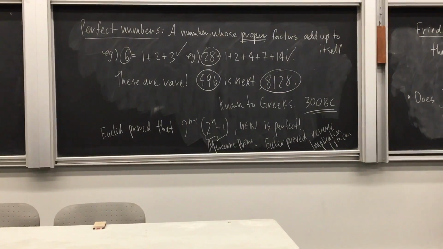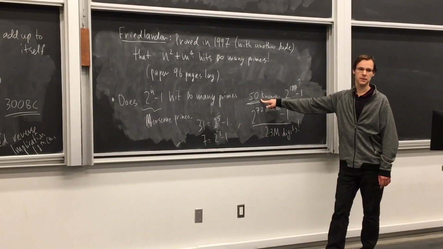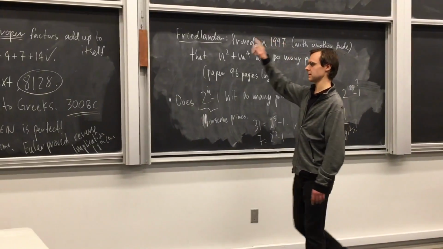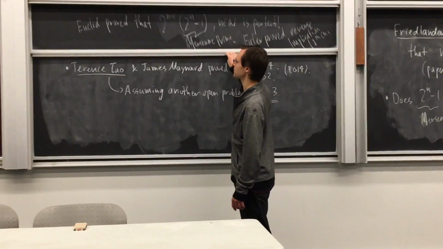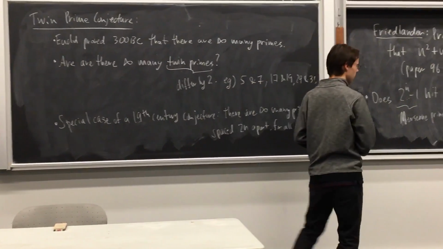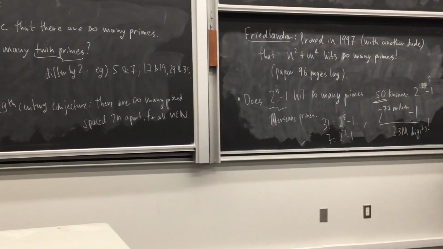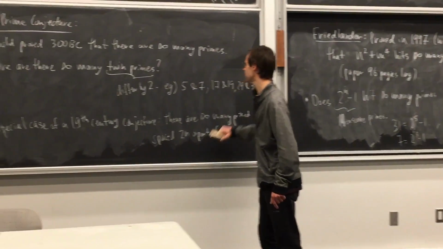So we know that there are at least 50 of them, because there are at least 50 Mersenne primes. The conjecture is that there are infinitely many even perfects, and of course that is unsolved, and is equivalent to the Mersenne prime question. Let me switch boards here. Get the eraser.